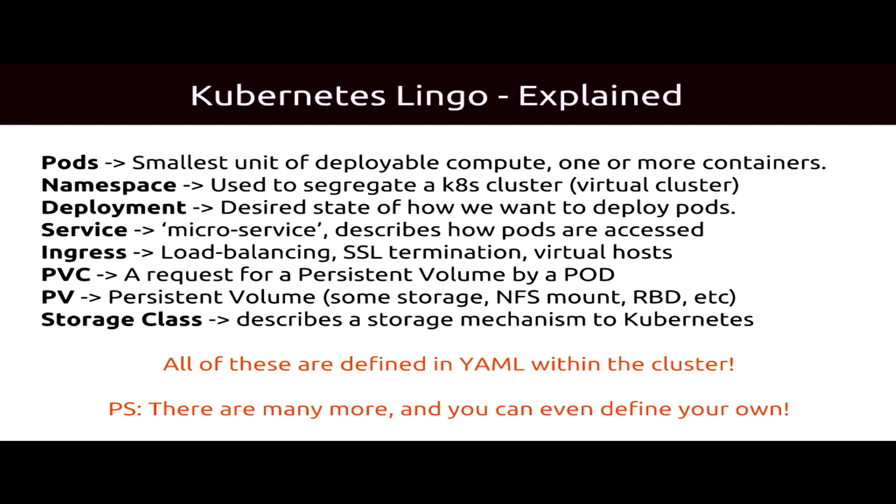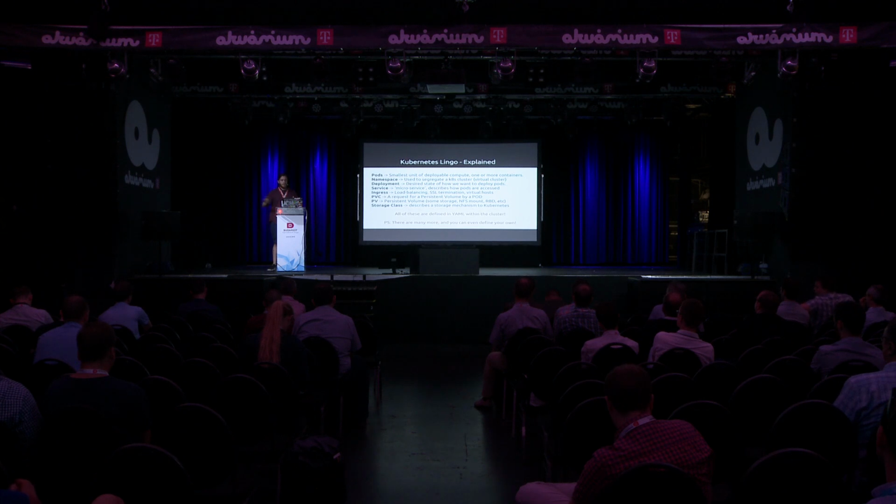A service, so again, this is supposed to be like a microservice, but the way I see a service is, okay, I have these containers running, and this is how I want to expose them to the outside world. This is what describes the ports, inbound and outbound, and how I want to talk to those. Load balancing, so you have the concept of an ingress rule. When you define an ingress rule, what it does is automatically configure a load balancer within the cluster to create those rules. So any traffic that comes in based on those rules will be sent to the correct pods.